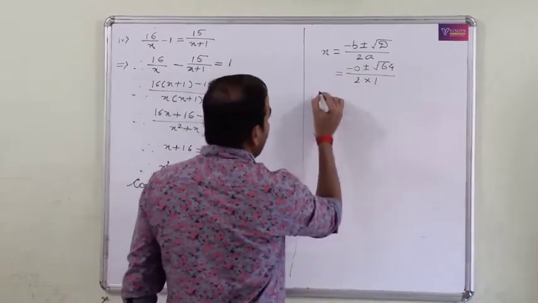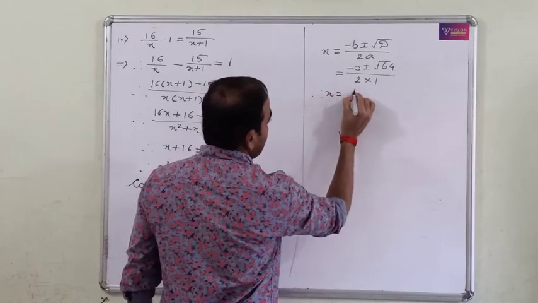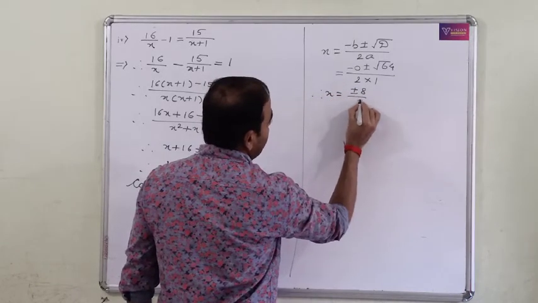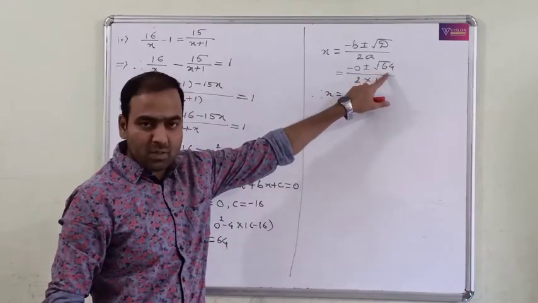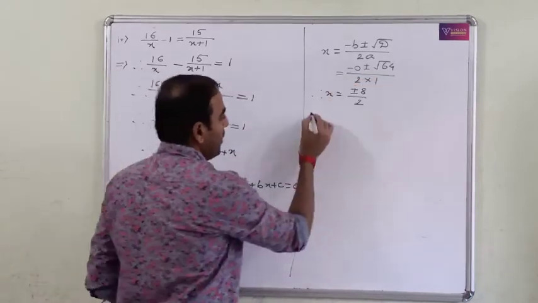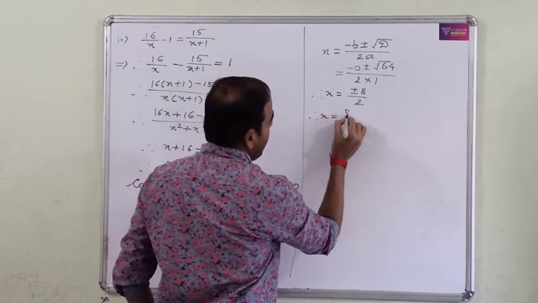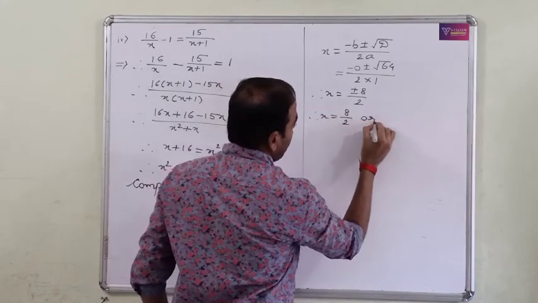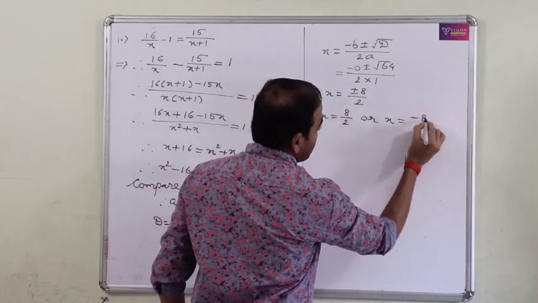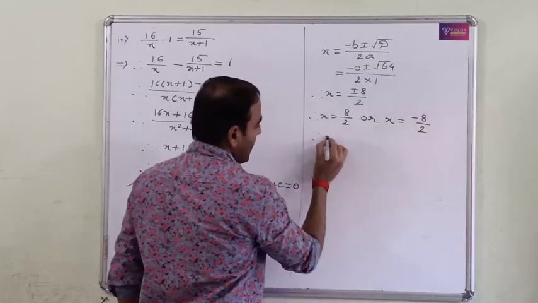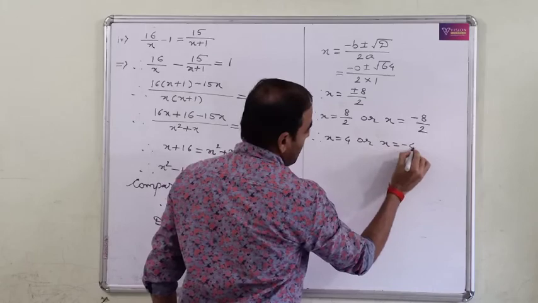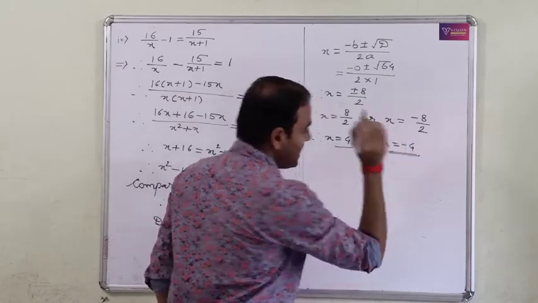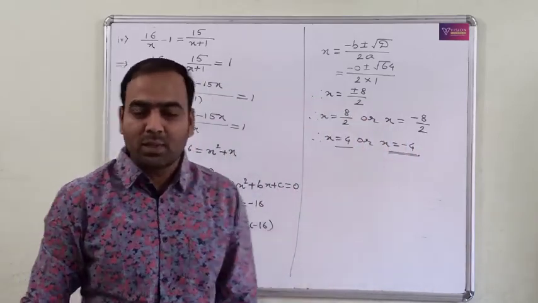So we get x is equal to plus or minus 8 upon 2. Okay? Root of 64 is plus or minus 8. So therefore x is equal to 8 by 2 or x is equal to minus 8 by 2. So we get the value of x as 4 or x is equal to minus 4. This is the solution of the given equation.